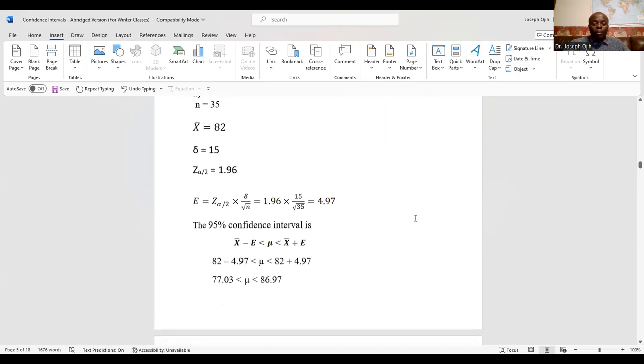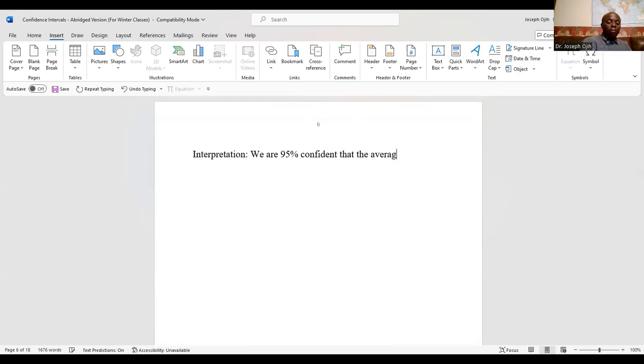So when you're interpreting it, you must put the word average or mean.